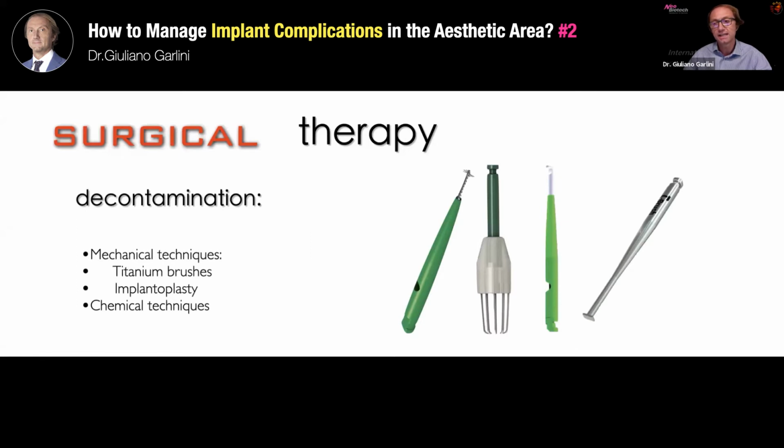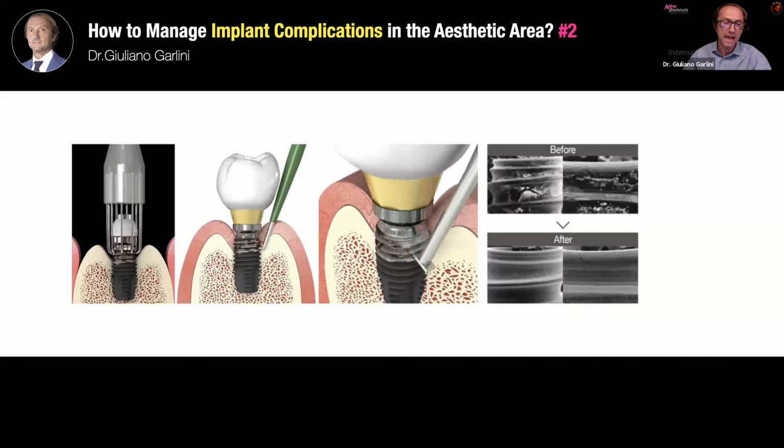this rotating instrument, as you can see here, will be very useful in treating your periimplantitis case, because you can clean the surface of the implant very well, although it is a rough surface.